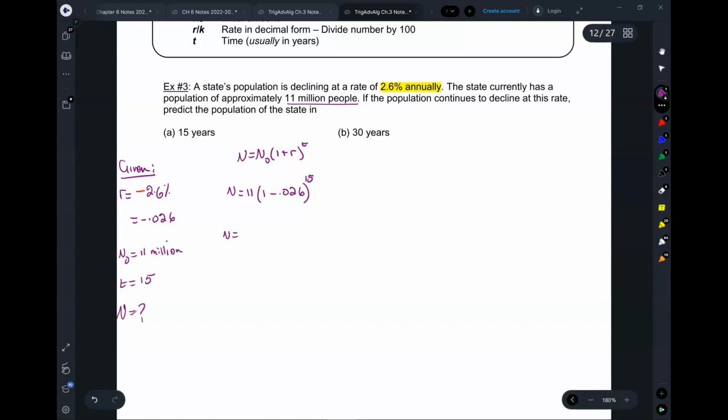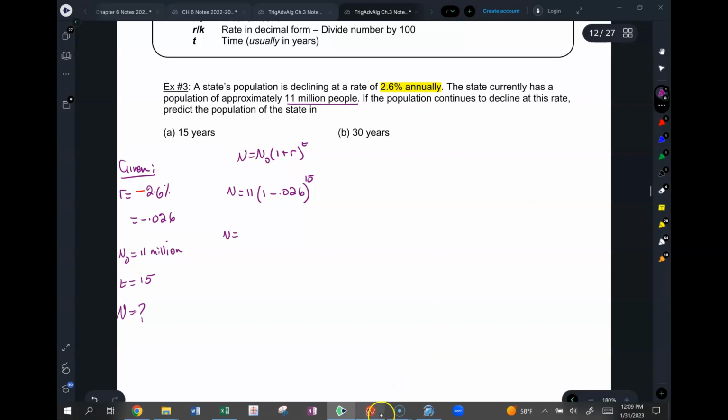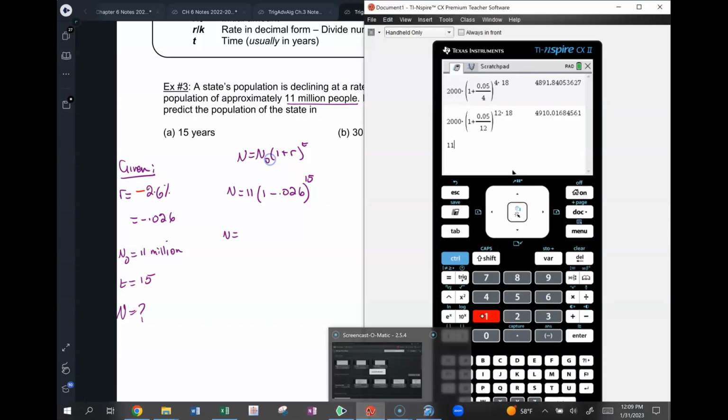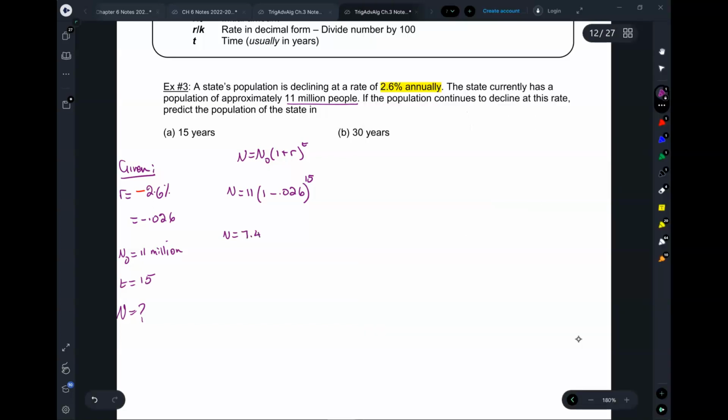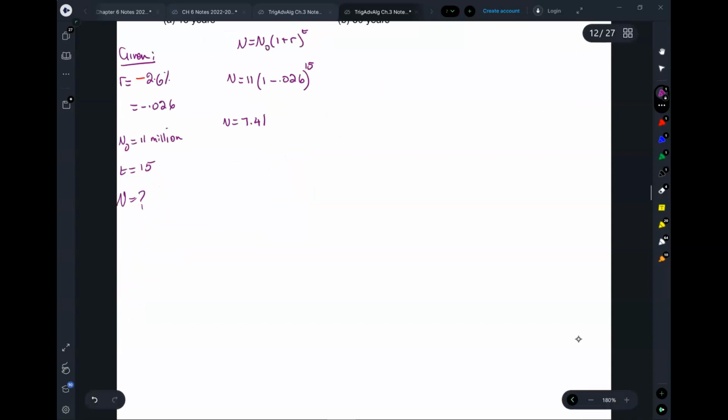When we put that in our calculator, 11 times 1 minus 0.026 to the power of 15, we get 7.41, right? So does that mean there are 7 people now? No, 7.4 million. It's all in millions. So we say 7.41 million people.